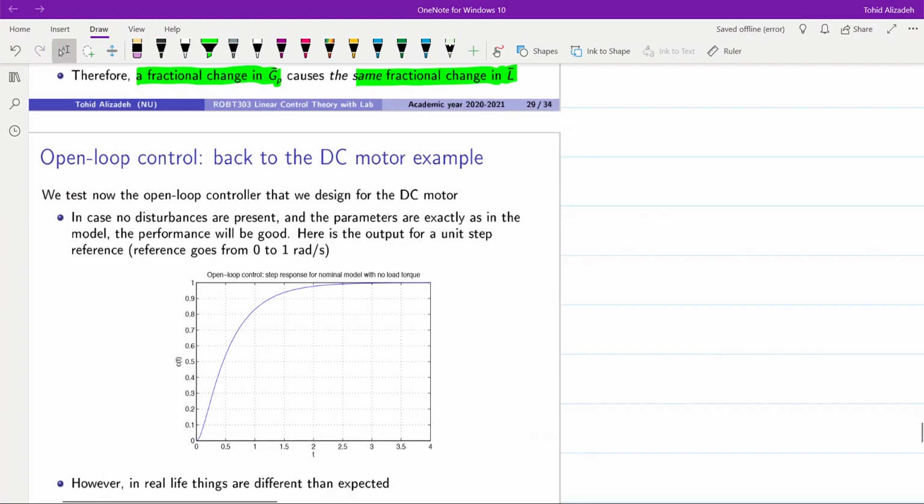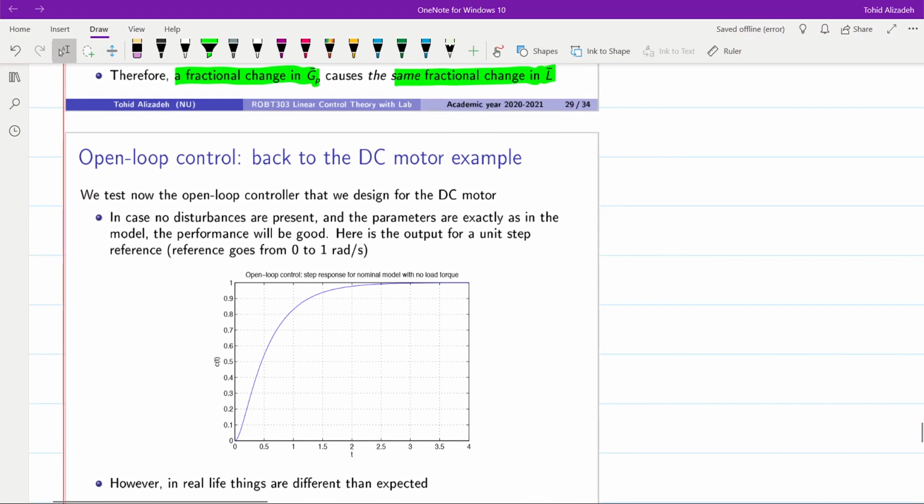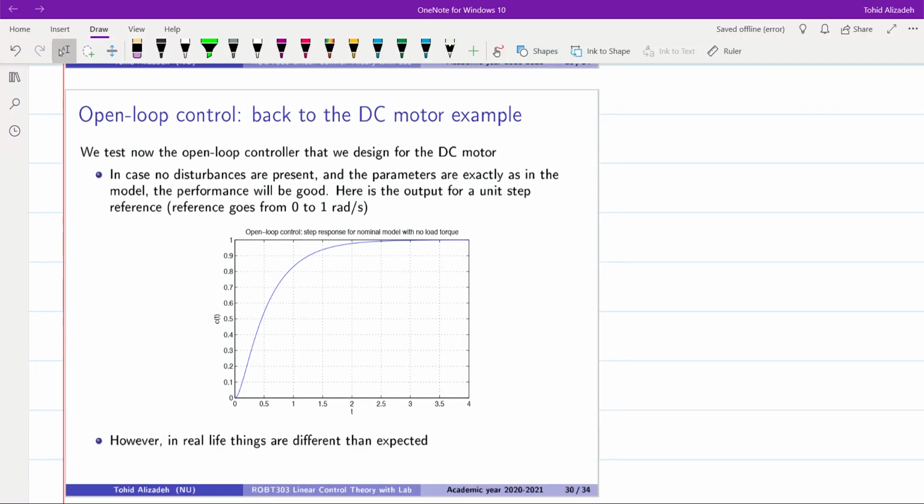Here we are going to have a look at the DC motor example that we had regarding the open loop control. Here you can see a graph which is showing the step response of the system, where we have the open loop control system for the nominal model with no load torque.